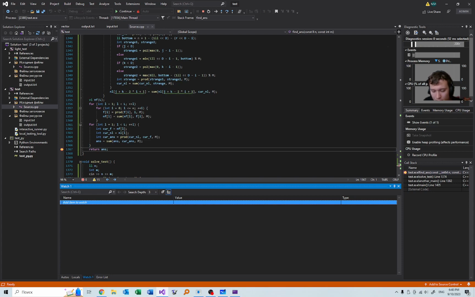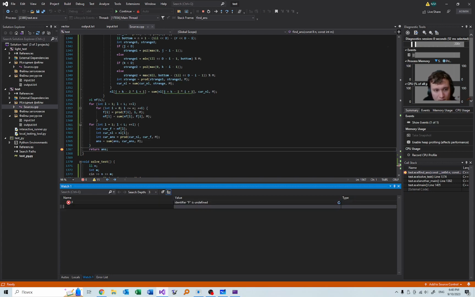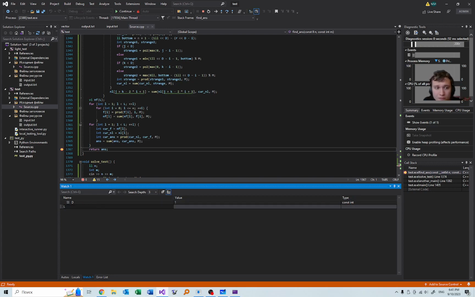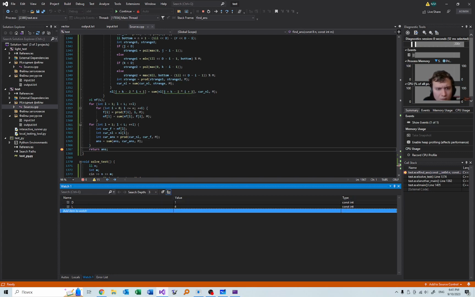So, first of all, we have D equals, it should be 1, and L should be 2. 3, it should be. Why L is 4? Okay, 4. It's fine. After that, we need to look at NF and NL.